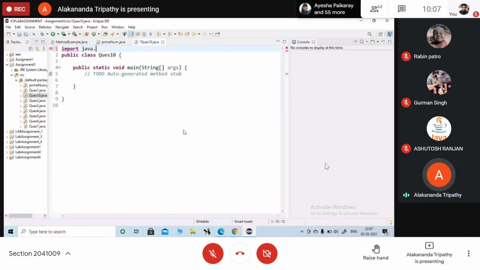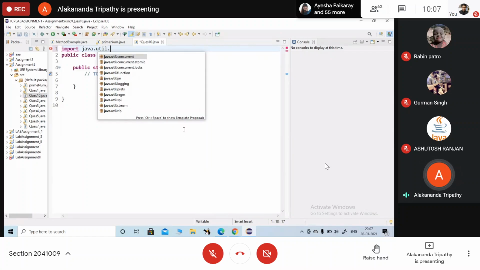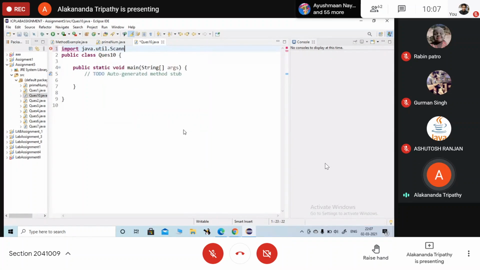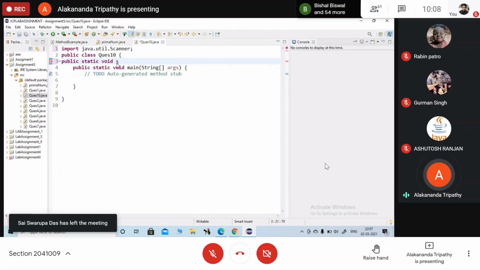Import java dot util dot scanner. So here we are going to take a method, public static. Now the return type I am taking as void. I am writing here sine series.